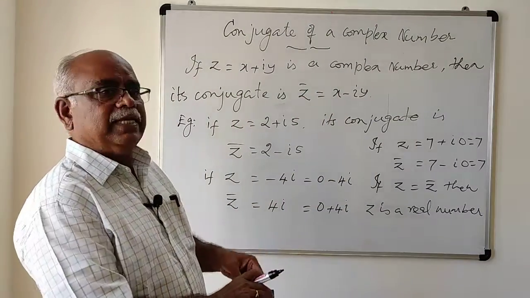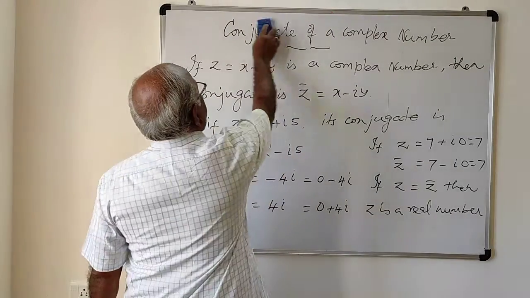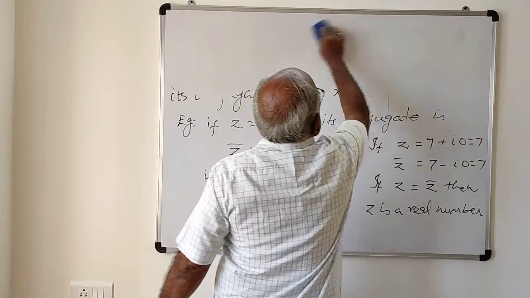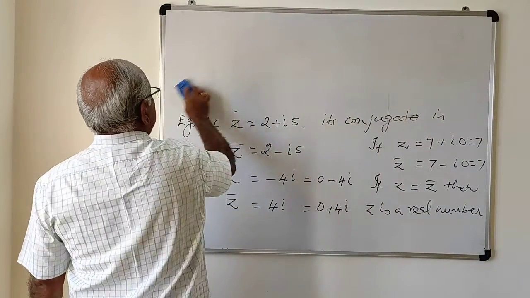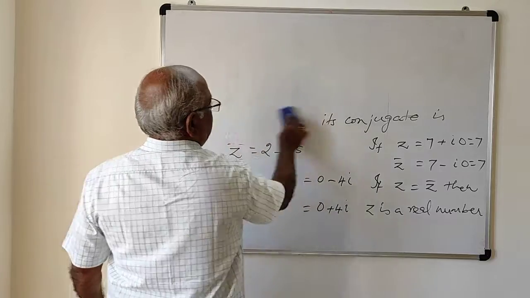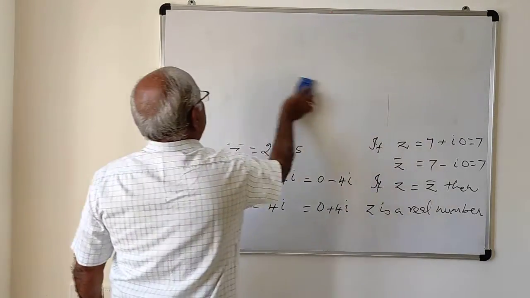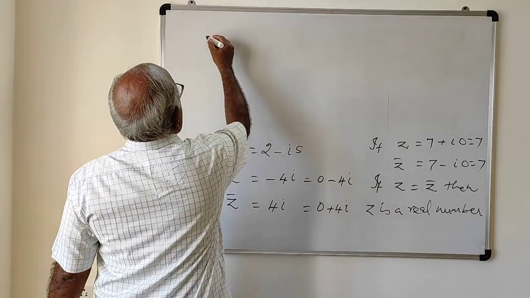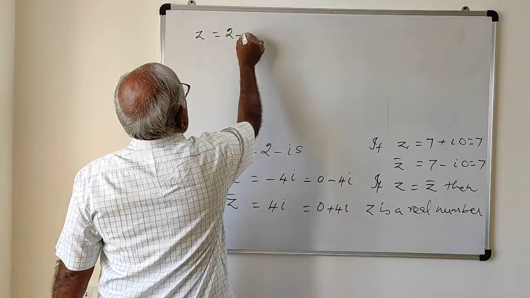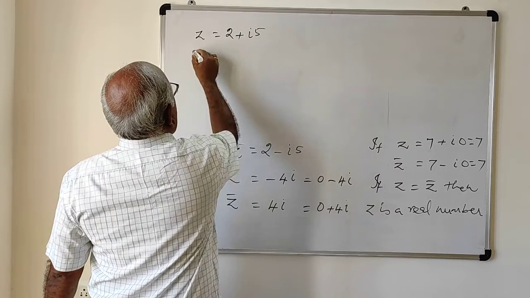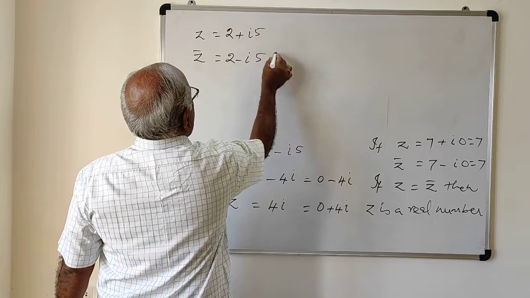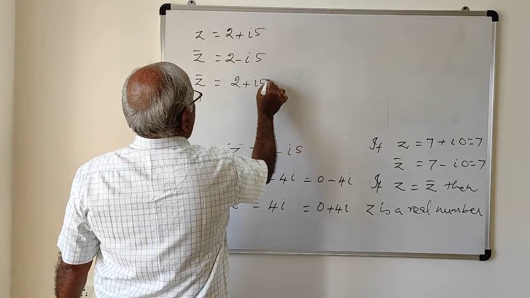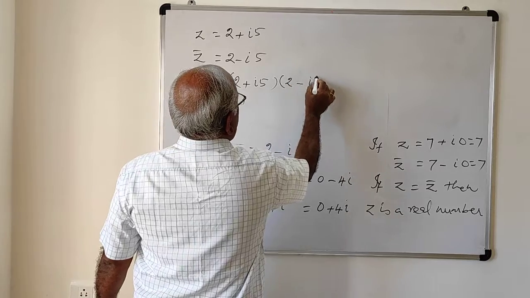Now we are studying the exercise 2.3. Before solving the problems, one more thing: the multiplication of a complex number and its conjugate. Suppose z equals 2 plus i5, z bar equals 2 minus i5, then z into z bar is 2 plus i5 into 2 minus i5.